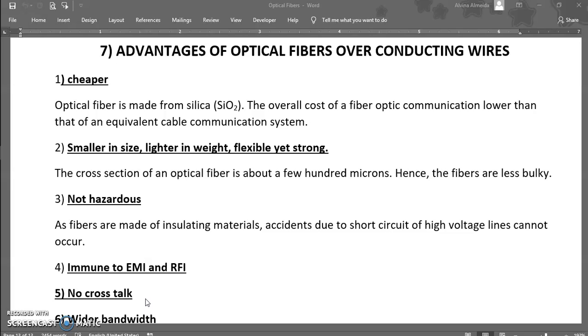Further, the light cannot couple into the fiber from the sides. In view of these features, the possibility of crosstalk is minimized when optical fiber is used. Therefore, the transmission is more secure and private.